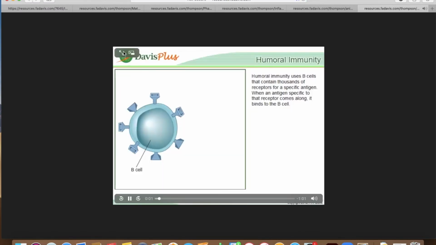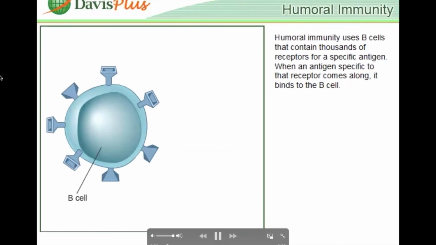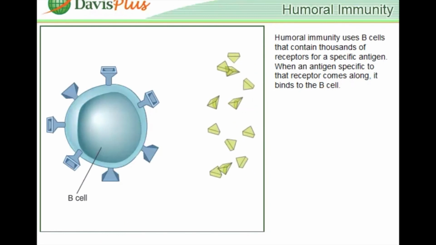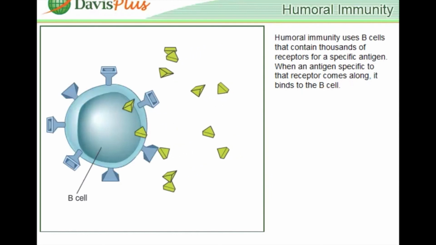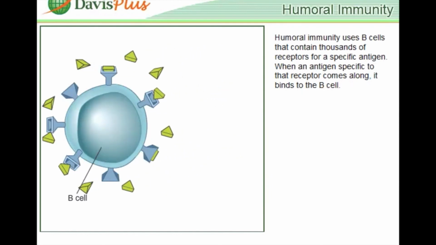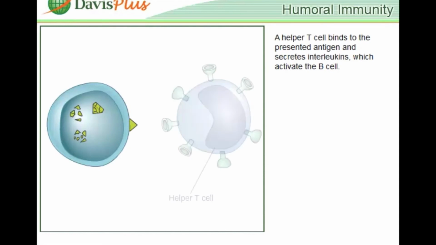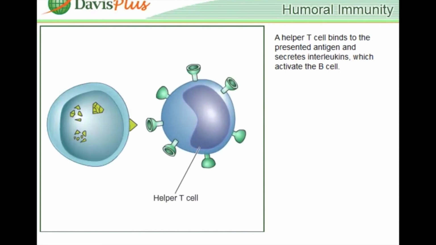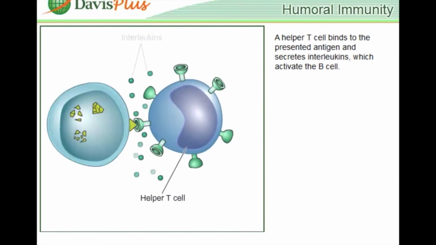Humoral immunity uses B cells that contain thousands of receptors for a specific antigen. When an antigen specific to that receptor comes along, it binds to the B cell. The B cell engulfs the antigen, digests it, and displays some of the antigen's fragments on its surface. The helper T cell binds to the presented antigen and secretes interleukins, which activate the B cell.